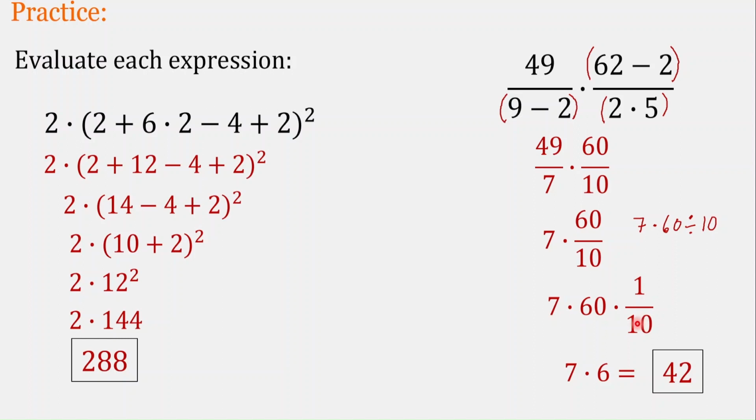Multiplication is associative, meaning the order does not matter. So I do not need to go from left to right when all I have is multiplication. So I can instead do 60 times 1 over 10 first, and that's going to give us 6. Now we have 6 times 7, which is 42.